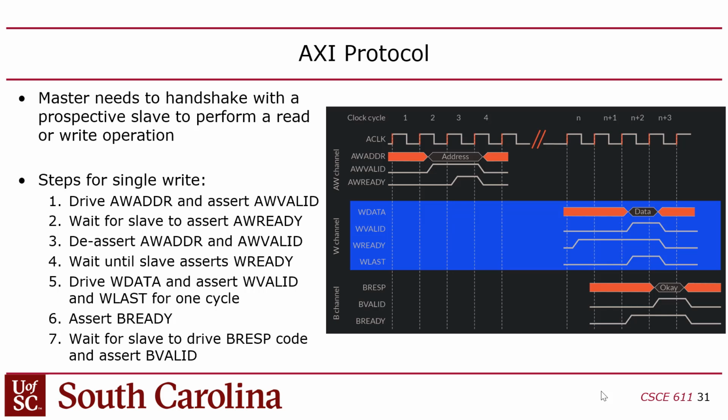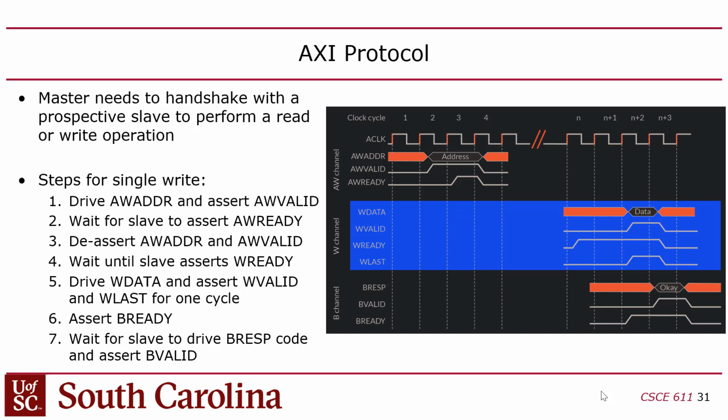And when it's ready, then I can put the data along with the valid, right? And there's also a last, which is used if I want to burst, if I want to send multiple beats of data, multiple cycles of data, right? In this case, there's just one word, one cycle of data. Make sense? And then I have to wait and make sure that everything worked.